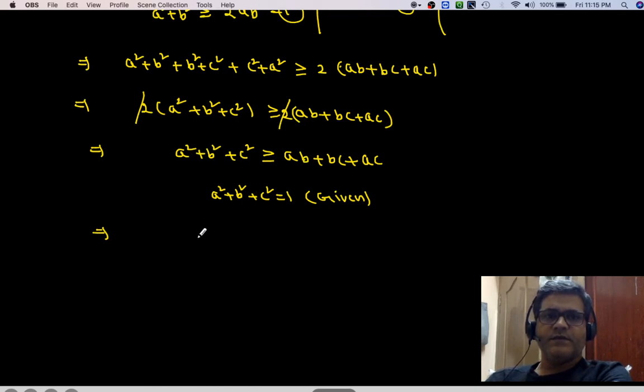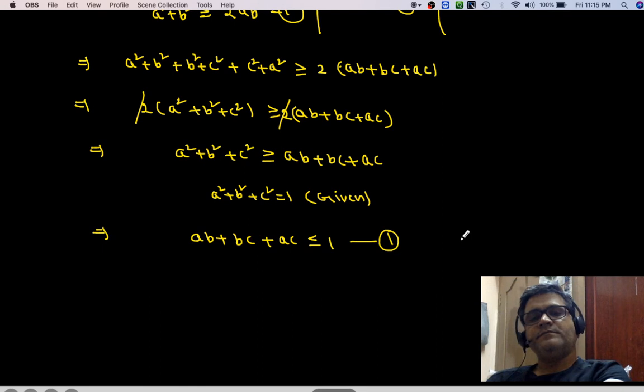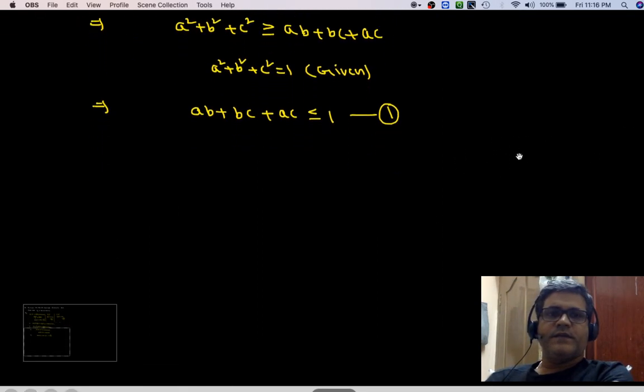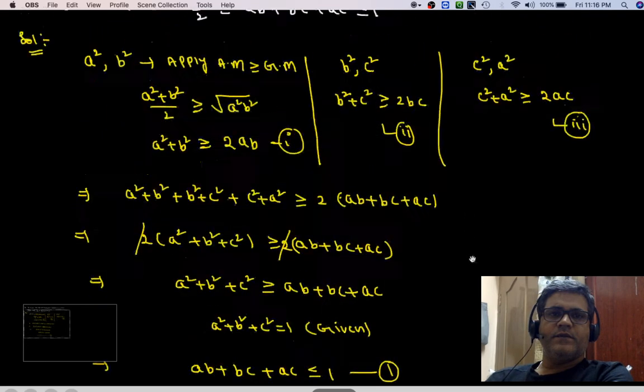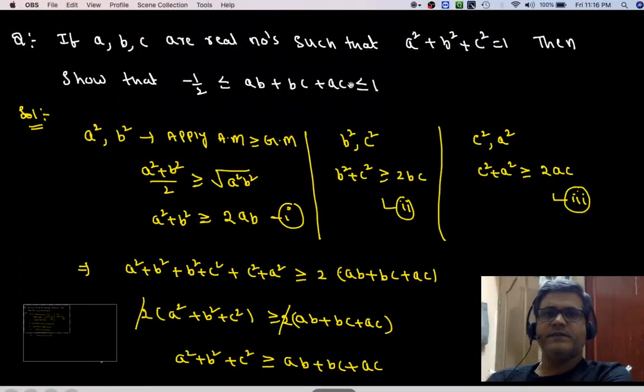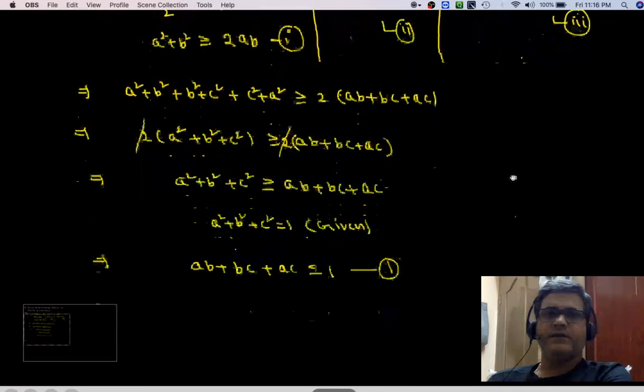That implies ab plus bc plus ac is less than or equal to 1. This is the first part of the solution.